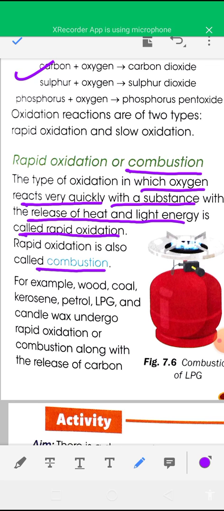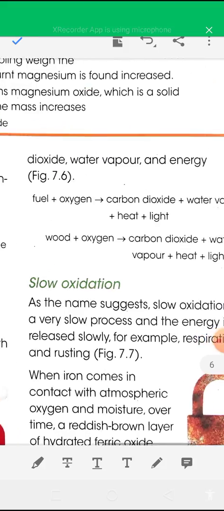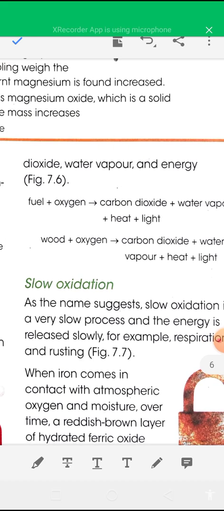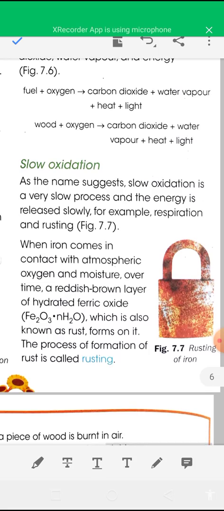This is also called combustion. For example, wood, coal, kerosene, petrol, LPG and candle wax undergo rapid oxidation or combustion along with release of carbon dioxide, water vapor and energy. So burning of any fuel is an example of rapid oxidation or combustion reaction.